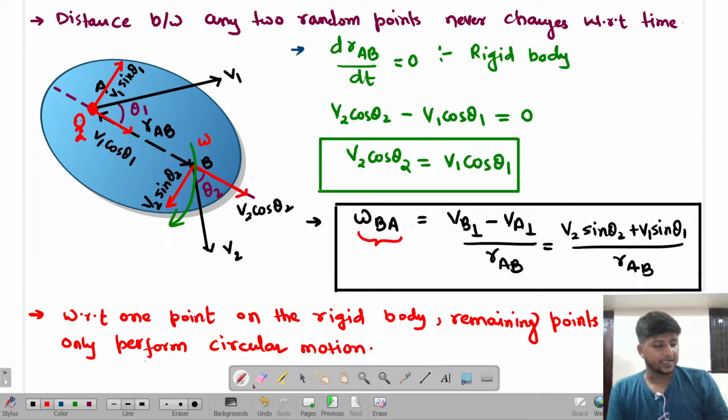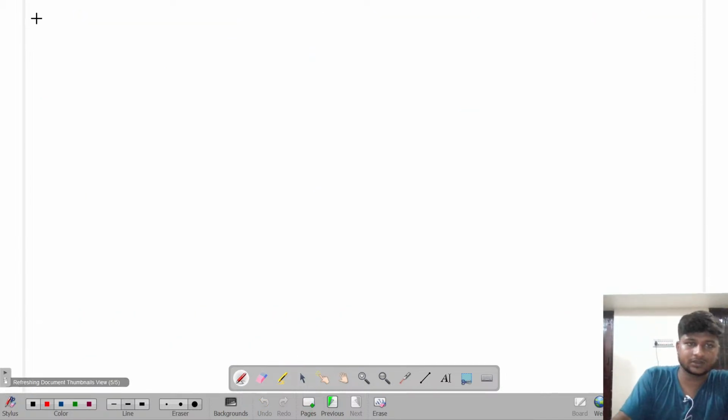So this is the idea: if I have a rigid body, every point on it will perform a circular motion, and whatever you consider, that is the condition of a rigid body. Okay. So this gives us one more conclusion.